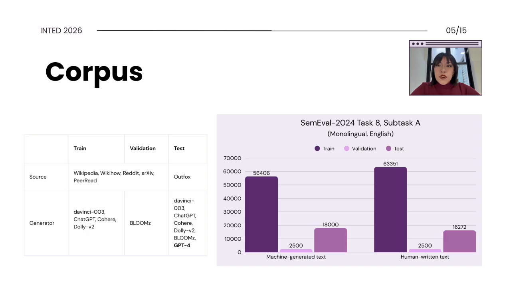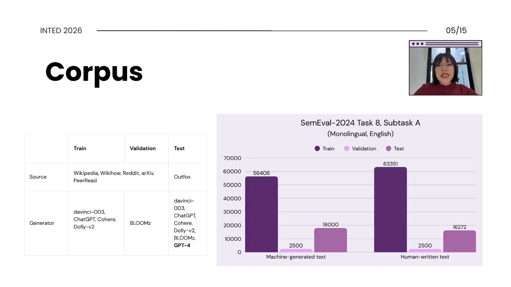Now let's move on to the data. For our experiments, we used the dataset from SemEval 2024, Task A, Subtask A. As you can see in the chart, the training set is quite large, with over 119,000 texts sourced from Wikipedia, WikiHow, and other domains.